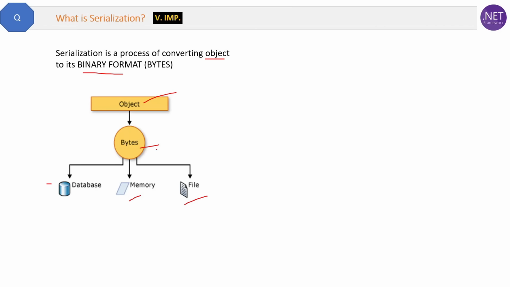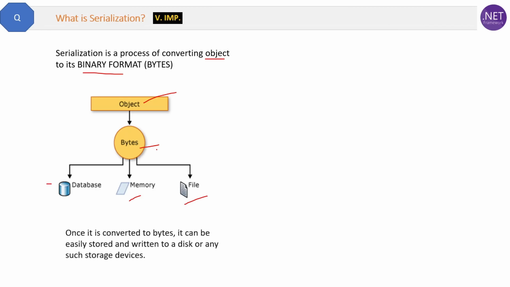The most common example is web APIs. In web APIs, when you transfer data from one web API to another web API or any other front-end application, you cannot pass the object. First, you have to convert this object into a JSON string, or XML, and that can be done by serialization only.